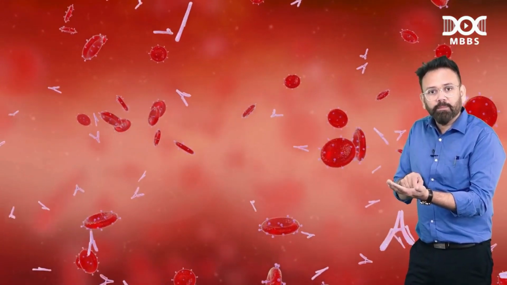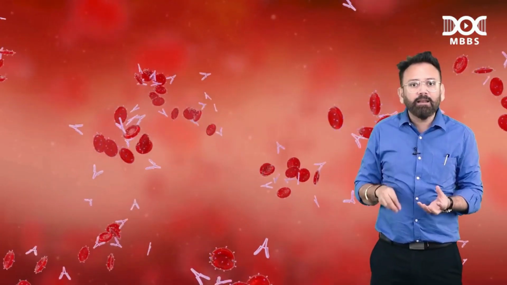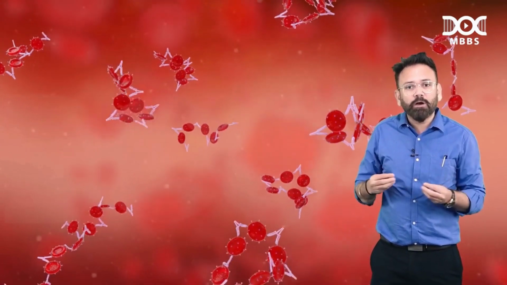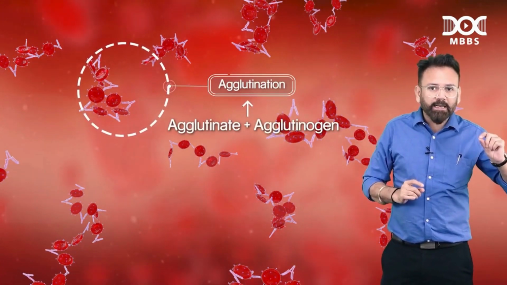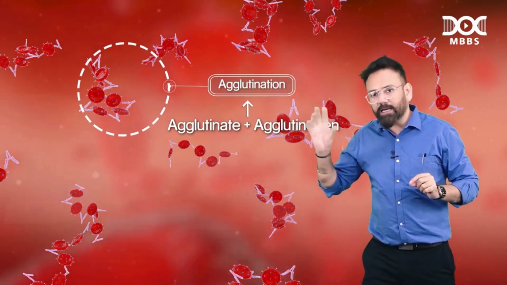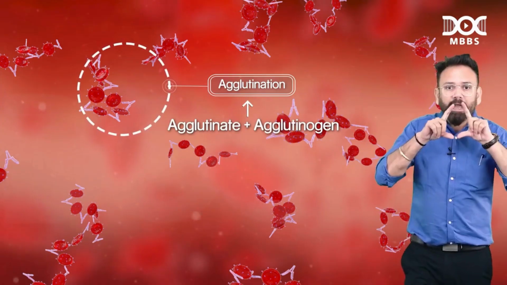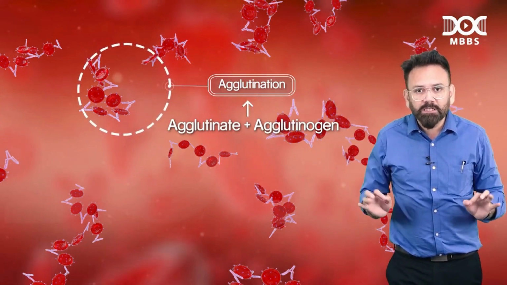Antibody for B. So you are taking plasma of type A and mixing with type B red cells. So this red cell antigen will be agglutinated by the antibody against B. Yes or no? This is called agglutination. So agglutinin is antibody, agglutinogen is antigen, and this process is called agglutination. Am I clear with this concept?